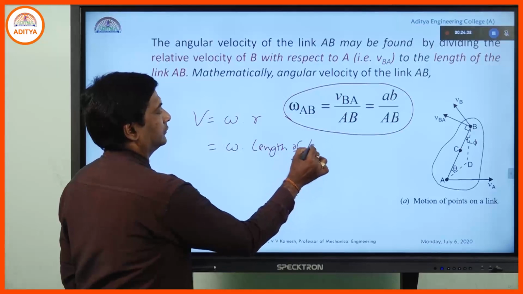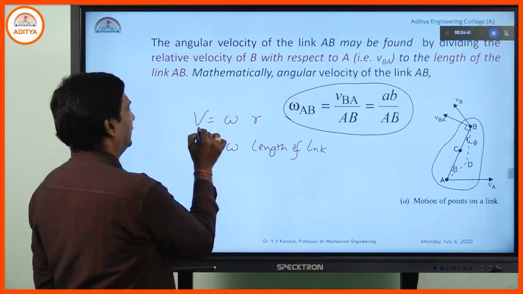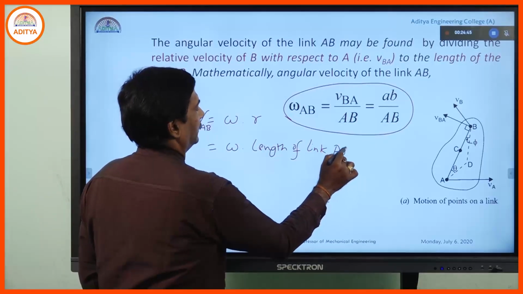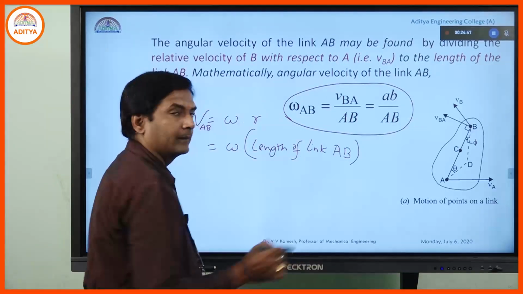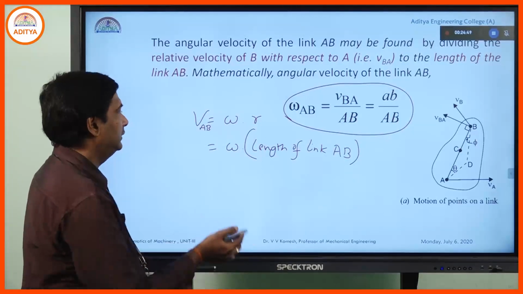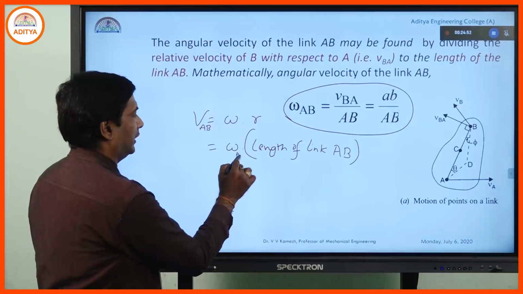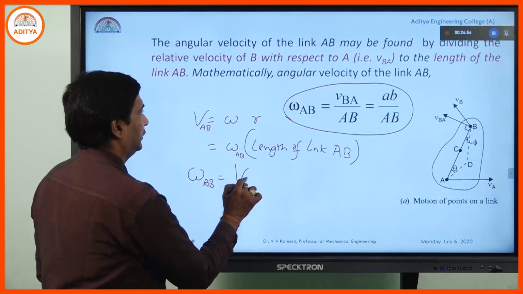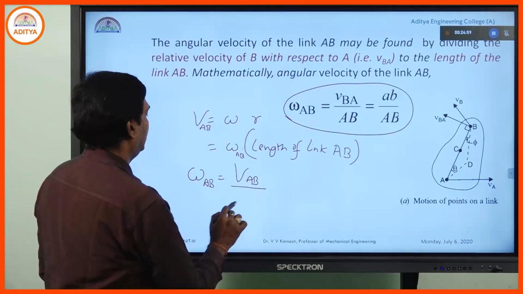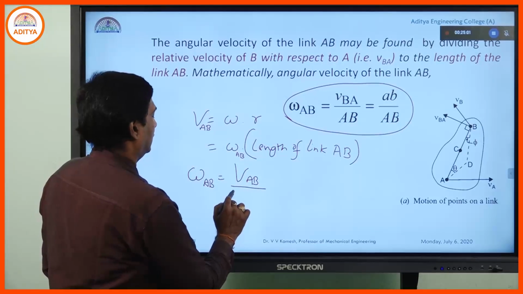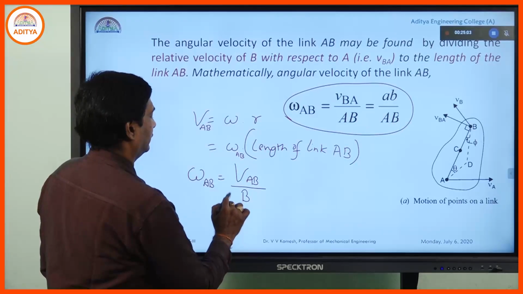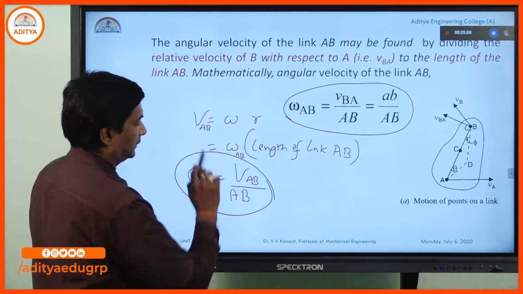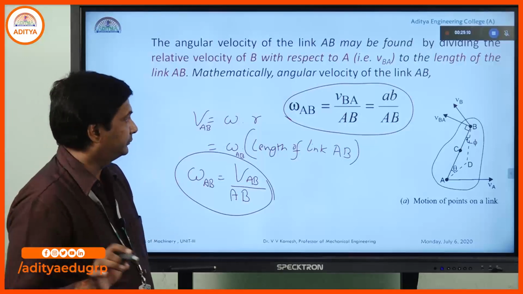Suppose I want the velocity of the link AB, then it will be omega into the length of link AB. Then very easily I can get omega of AB: omega AB is equal to VAB divided by length AB. Here also we need not have any ambiguity.